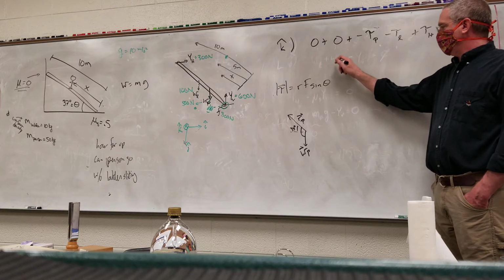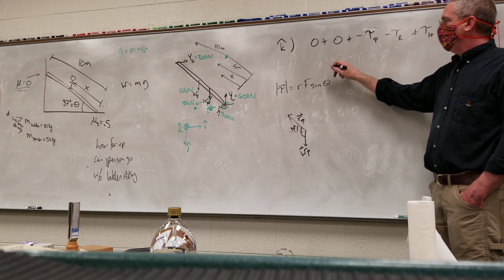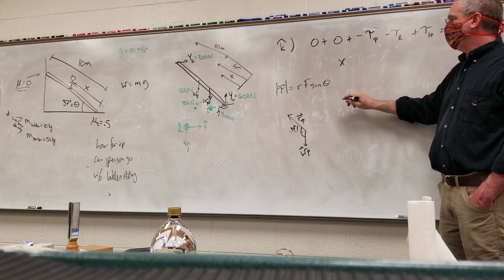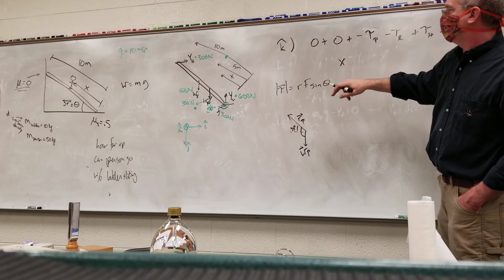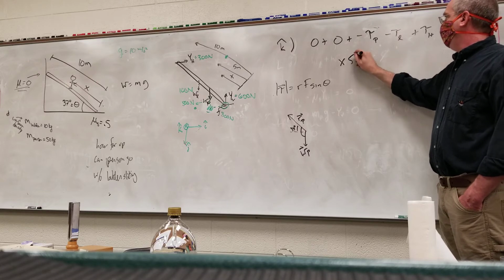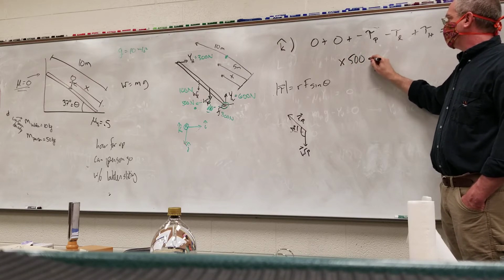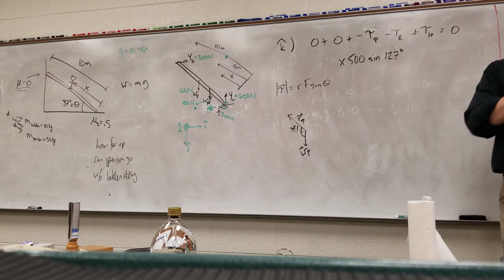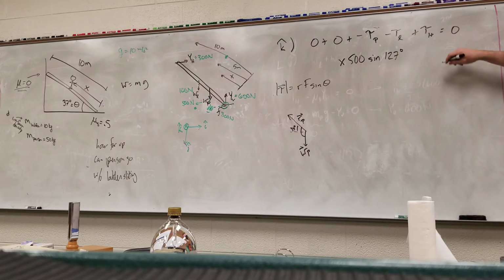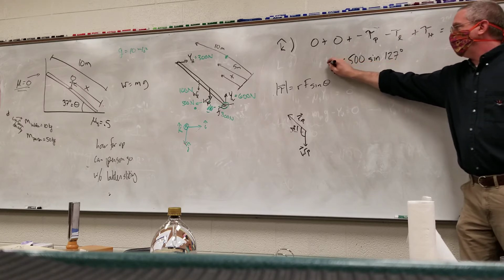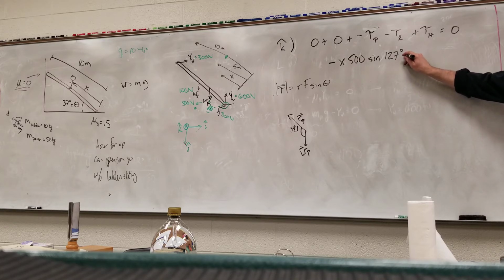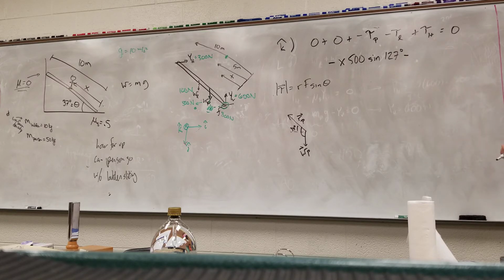So this becomes that distance, which is x, times the force, which I wrote down as 500, times the sine of 127 degrees. I think somebody just said that. Okay. Negative. Minus the ladder.